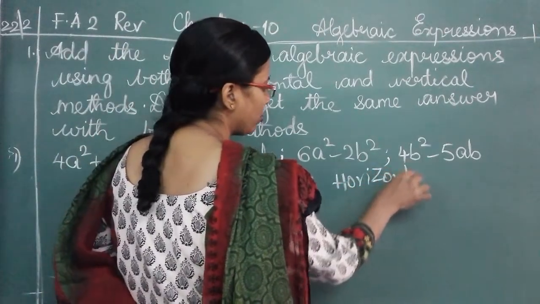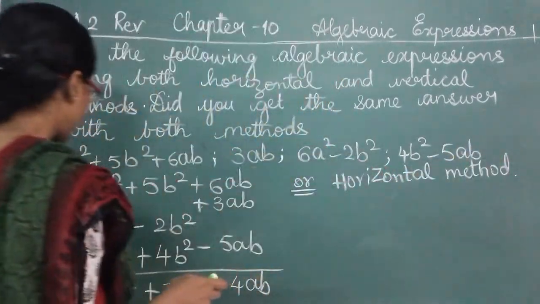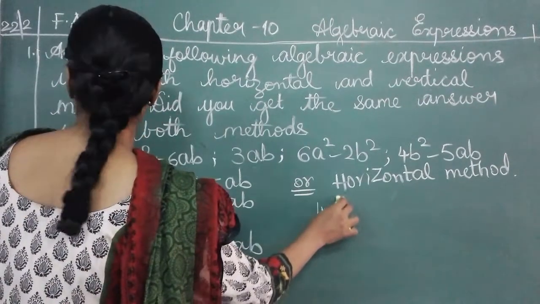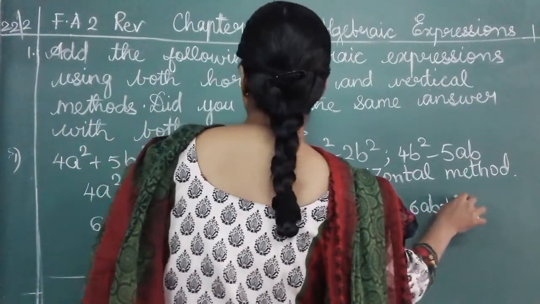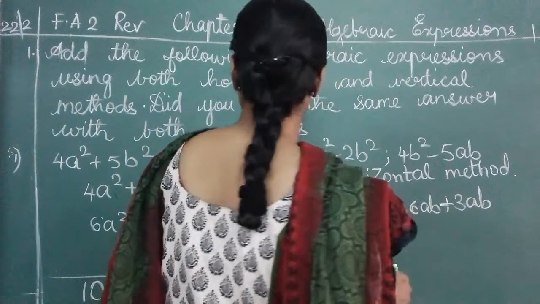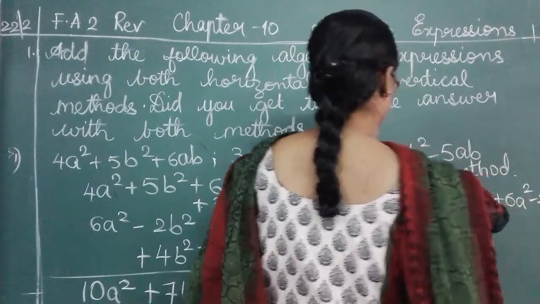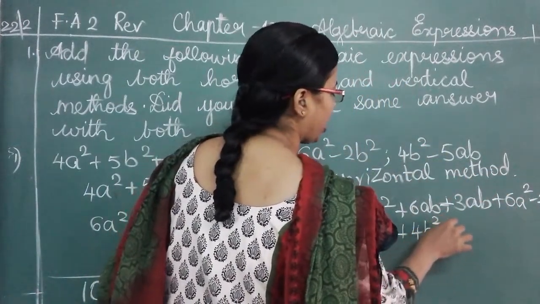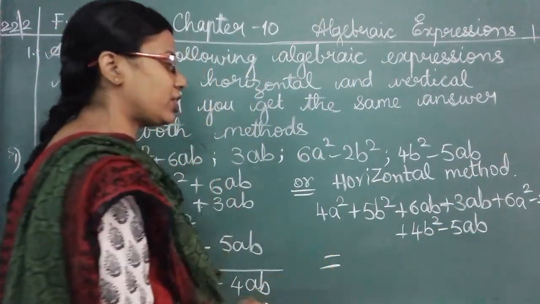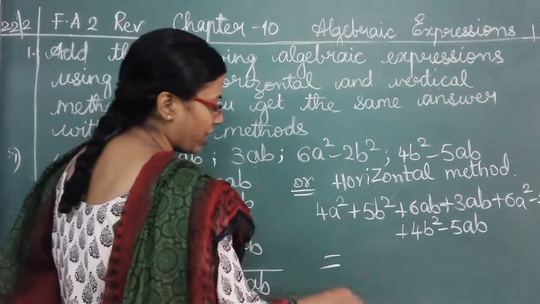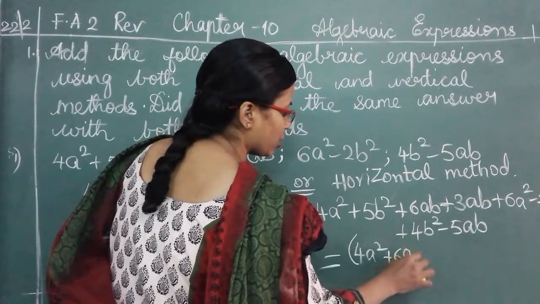Horizontal method we are going to use. Okay, so now let's write 4a square plus 5b square plus 6ab plus 3ab plus 6a square minus 2b square plus 4b square minus 5ab. Now let us write all the a's together, a square together, 4a square, 6a square.